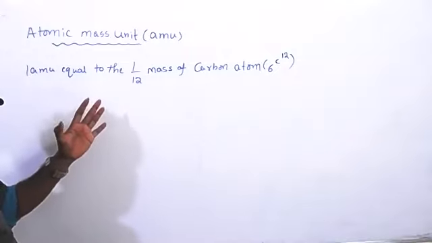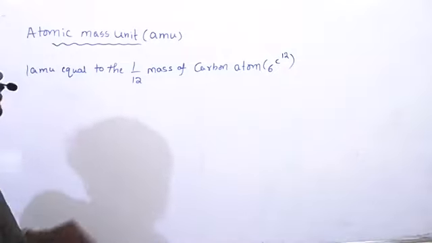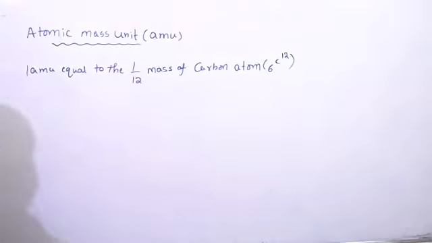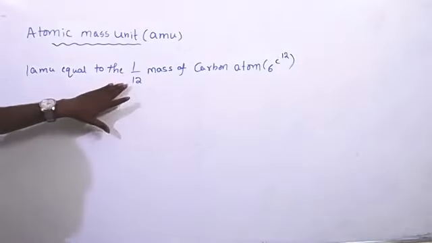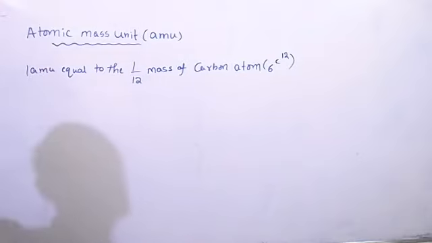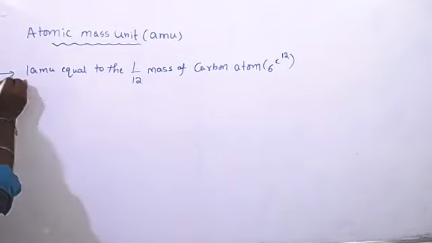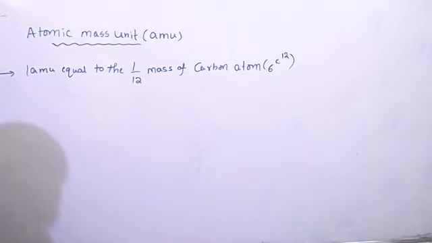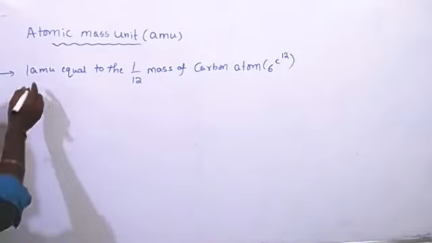Carbon atom mass is 12, and in that, 1/12, one part, is nothing but 1 AMU. Because the masses of electrons, protons and neutrons are very small, it is better to measure in AMUs than in kgs. Kg is a very big unit. So that's why they introduced AMU.